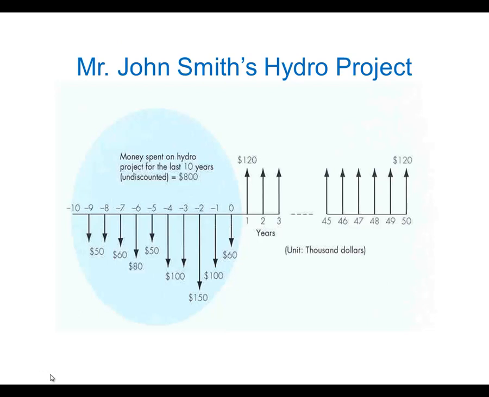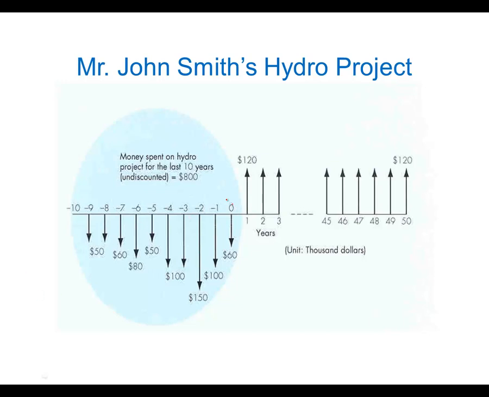This is the cash flow diagram that shows the money spent on building the plant, or the hydro project. Again, we can bring all cash flows to year zero, whether as future value or as present value, that can make both flows, inflows and outflows, equal.